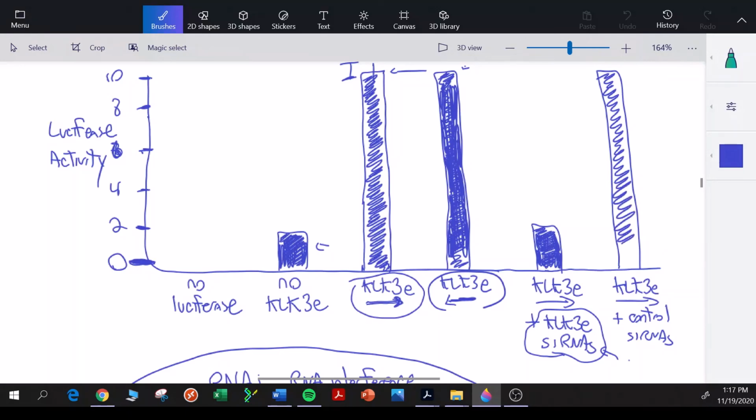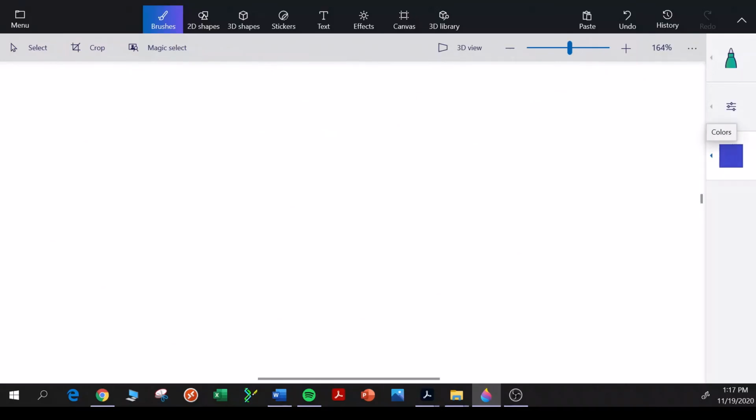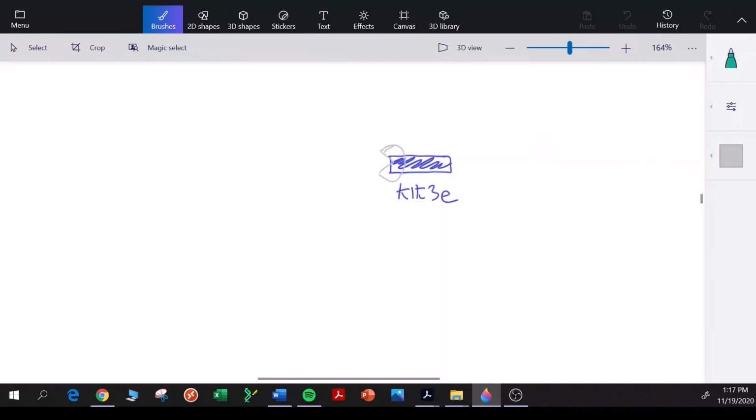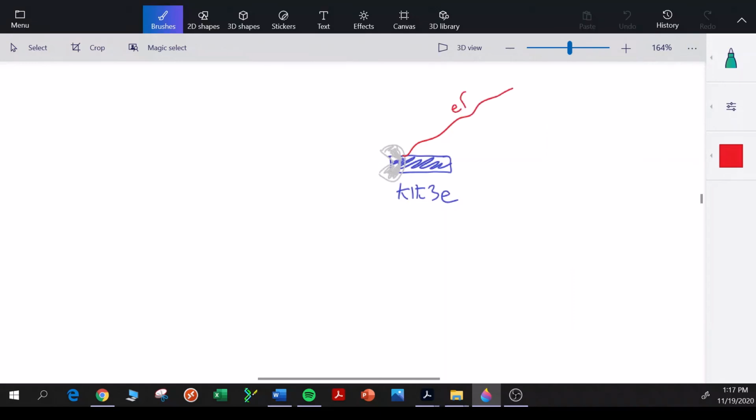So what's going on here? This is a really neat experiment, and what these researchers have shown is that if this is the KLK3 enhancer, well, the KLK3 enhancer is transcribed by RNA polymerase II, and that makes an enhancer RNA, and that enhancer RNA is important for the function of the enhancer.